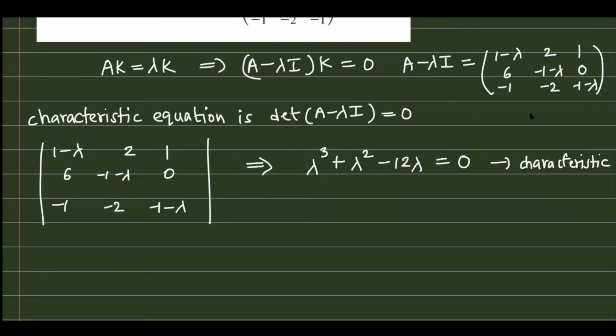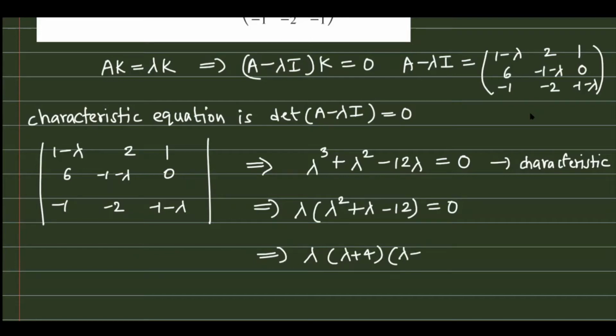So we can see that lambda is common, so we can take lambda outside. So the equation becomes lambda into (lambda square plus lambda minus 12) equal to 0. And again this can be written as lambda into (lambda plus 4) into (lambda minus 3) equal to 0.